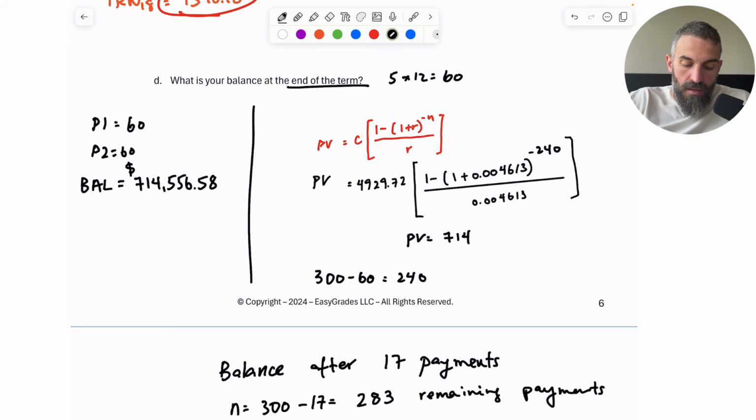So $714,556.21. Now, you're always going to have a little bit of rounding baked into your answers when you're using formulas. The financial calculator doesn't have any rounding, so that's the reason for the discrepancy here, not something you need to worry about. Okay? So if you want to know at the end of the term, just find the present value based on how many payments are remaining.